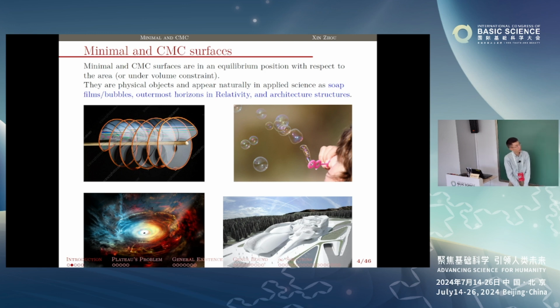The second one is soap bubbles, which models CMC surfaces. This one is a black hole, which we saw in Witten's talk. The boundary can also be modeled by either of them. The last one is an interesting picture I took from one of this Winter Olympics. The surf are modeled by minimal surfaces.